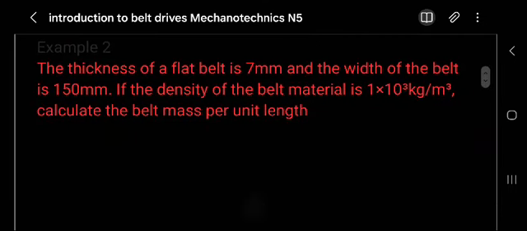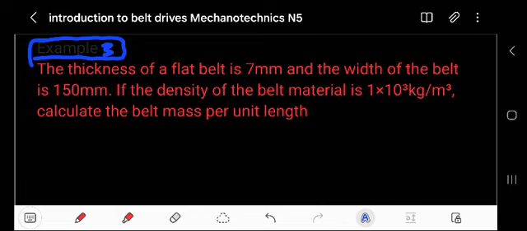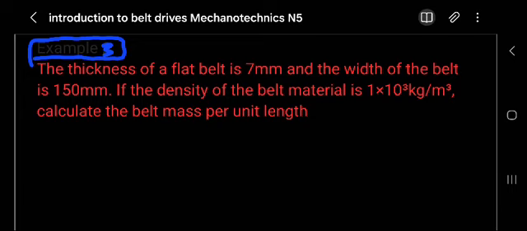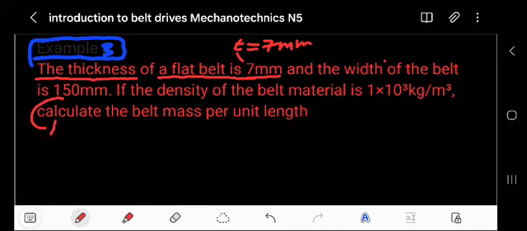Example 3, let us see how it reads. It says the thickness of a belt is 7 millimeter, and the width of the belt, w, is 150 millimeter.